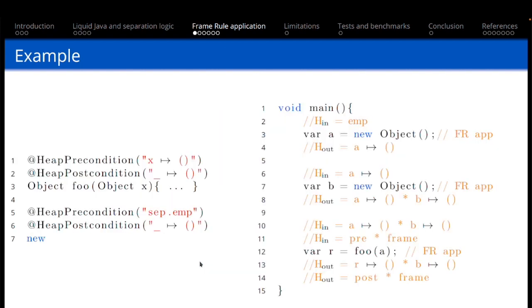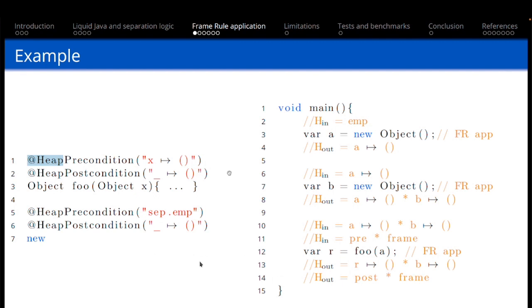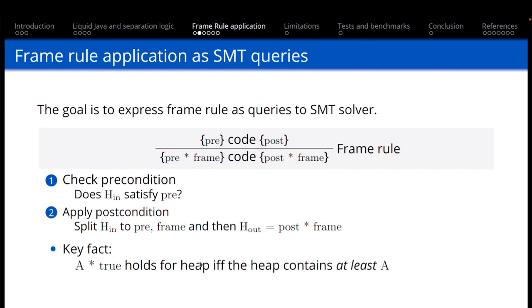If I understood your question correctly, we're arriving with some heap, and we need to check if it's possible to consume the precondition. The precondition is given to us from the function call, so you don't have to guess how to split the heap.